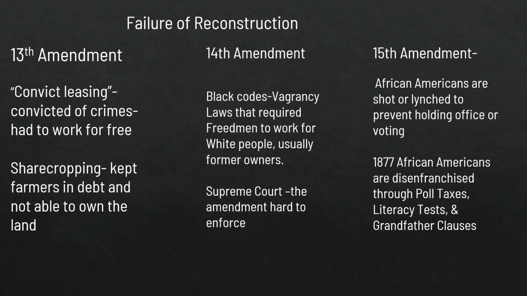So you're going to have to work for white employers, often who their enslavers were. They're going to be threatened with arrest all the time. The Supreme Court is going to fail to enforce their civil rights and their protection. They're going to be discriminated against, okay? So all of this stuff is going to start happening.